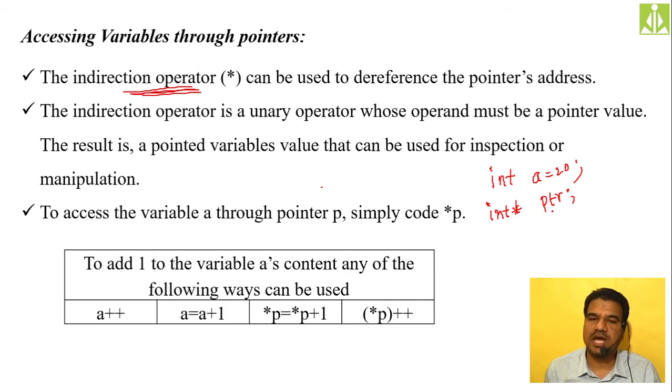This pointer ptr is capable of holding the address of a variable of type integer, because it is an integer pointer. Now ptr = &a. What is &a? The address of a. That address I am storing into ptr.